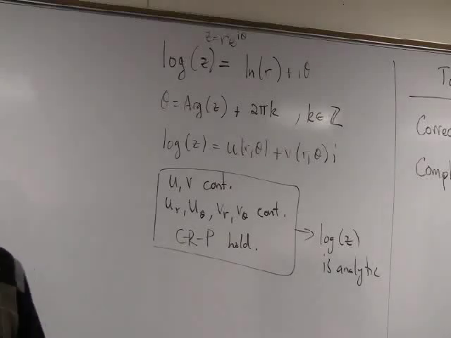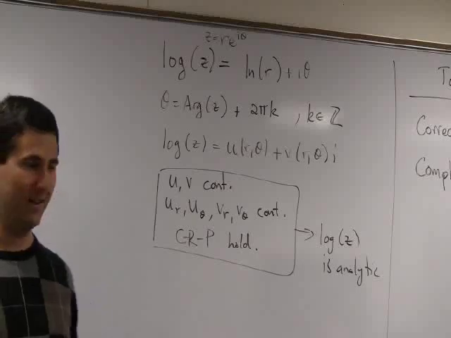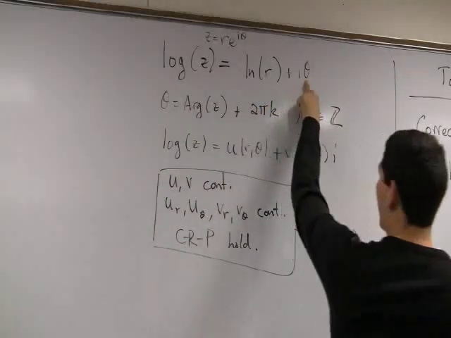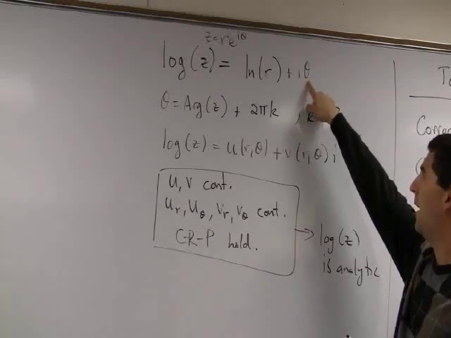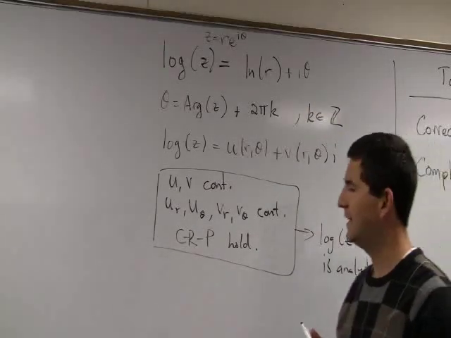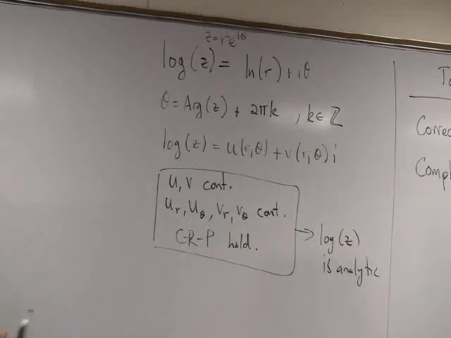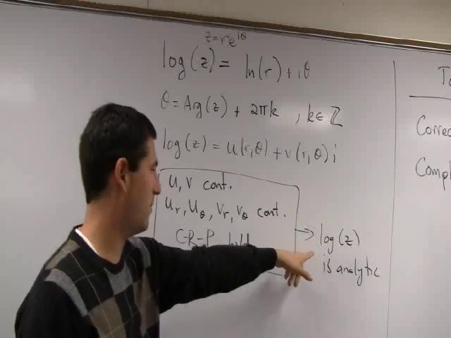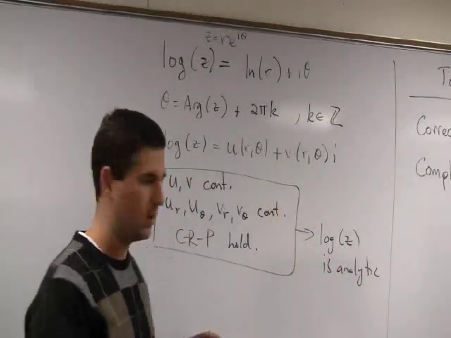What's the problem? Well, the problem is actually in the most idiotic, stupid place. Okay, ln of r, there's no problem here. This is a continuous function. Theta, well, this isn't so much of a problem for log z, except for the fact that you can't talk about log z being analytic. It's a multifunction.